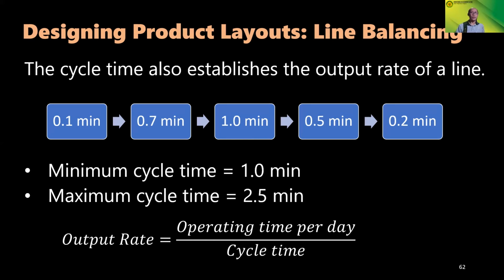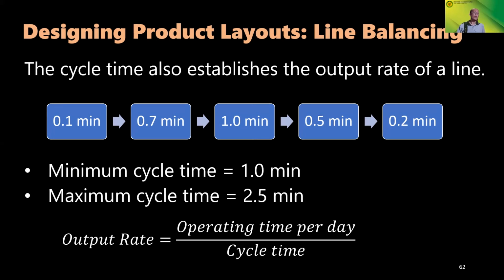Why is it important that we know what is the minimum, what is the maximum, or what is the correct cycle time? Because the minimum and maximum cycle times establish the potential range of output for the line, which can be computed using the following formula. Output rate equals operating time per day divided by cycle time.